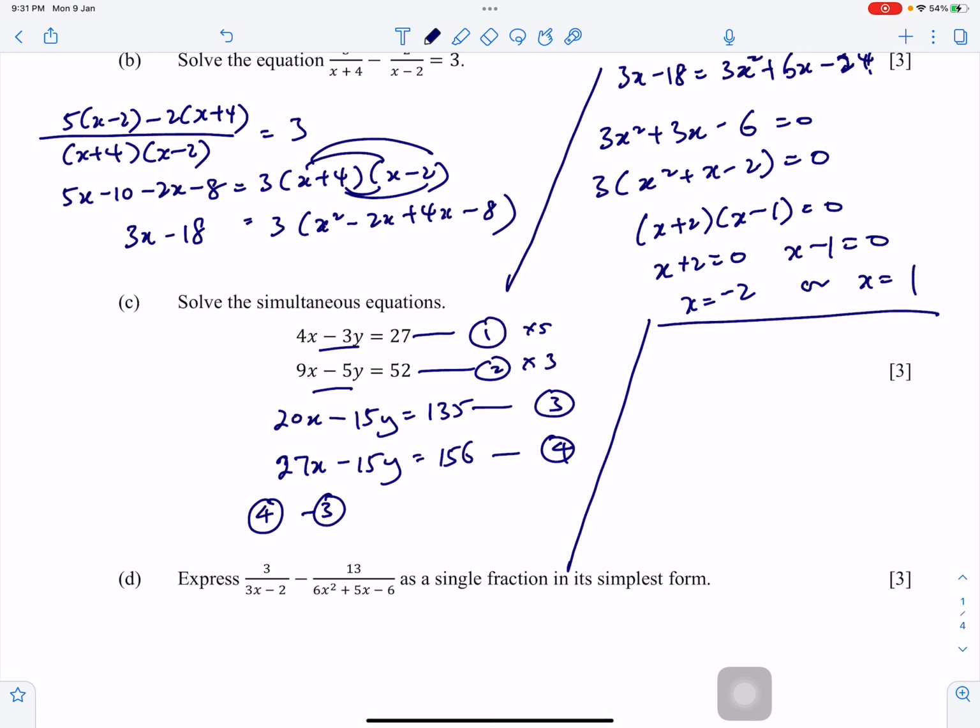So 4 minus 3, that'll give you 7x, and that will give me 21. So x is equal to 3. Substitute x equals 3 into equation 1.